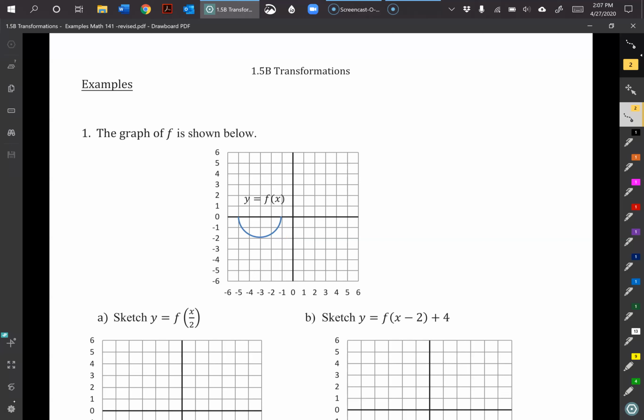Sometimes people want to write them as like a linear equation, for instance, or pick points and just plot them right in there, but that's not what we're doing. We're saying, okay, this is a transformation where we're affecting the input by a half.